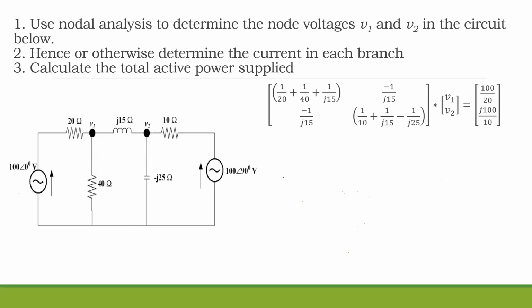Does that look familiar? Yes, sir. Okay. So what did you get for V1 and V2? For V1, I got 27.8161, angle minus 28.47 degrees. And for V2, I got 86.8947 with an angle of 14.51 degrees. All right.